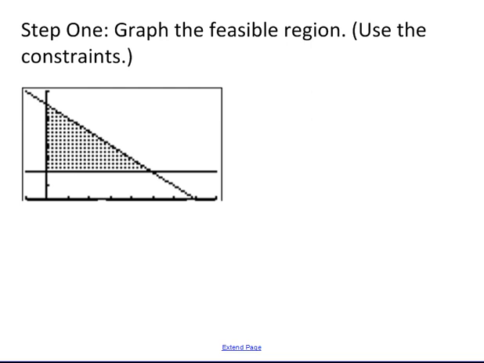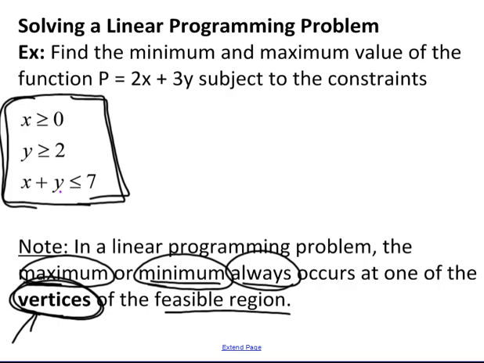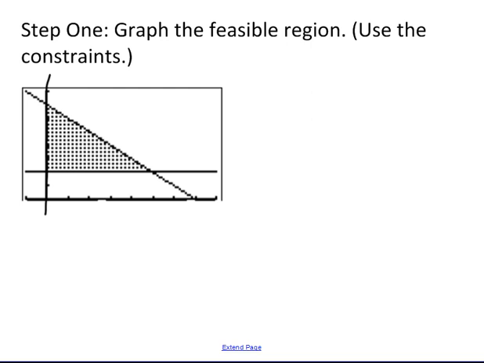So the first thing you have to do is graph the feasible region. So use the constraints, that's the system of inequalities. If you look here, x is greater than or equal to 0. This is going to be a vertical line at 0. So here is my x greater than or equal to 0.